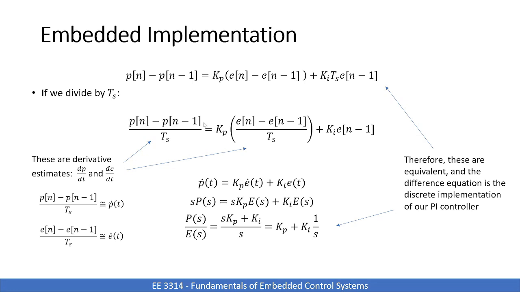So this difference equation is really contingent on your sample rate or your simulation time being fast enough relative to the bandwidth of your system so that this derivative is accurate. That's getting into the realm of needing to sample at the Nyquist rate, which would be twice the bandwidth of your system.